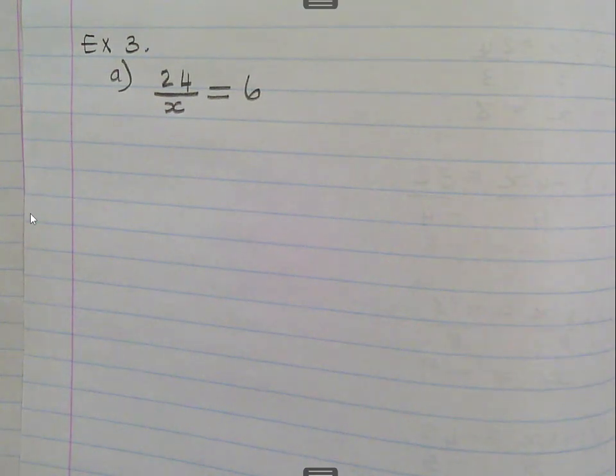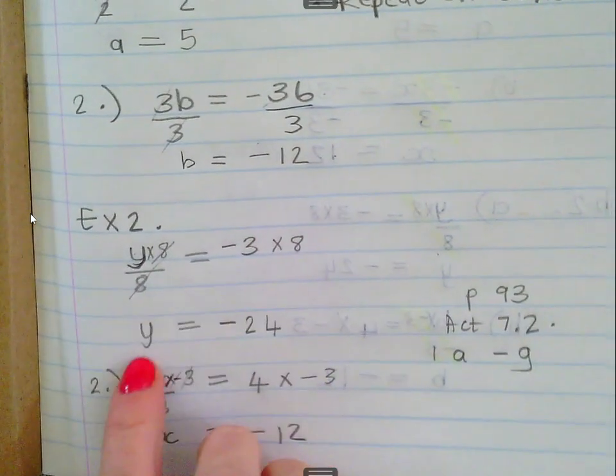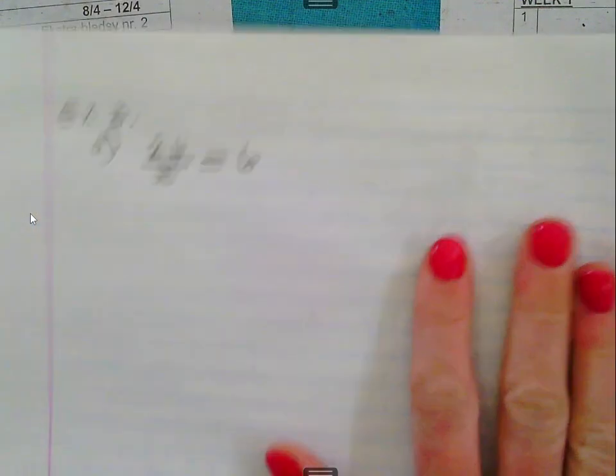Can you tell me how this one looks different from the last two examples that we did yesterday? Yesterday's last two examples were y over 8 equal to -3 and x over -3 equal to 4. Now today's example is 24 over x equal to 6.